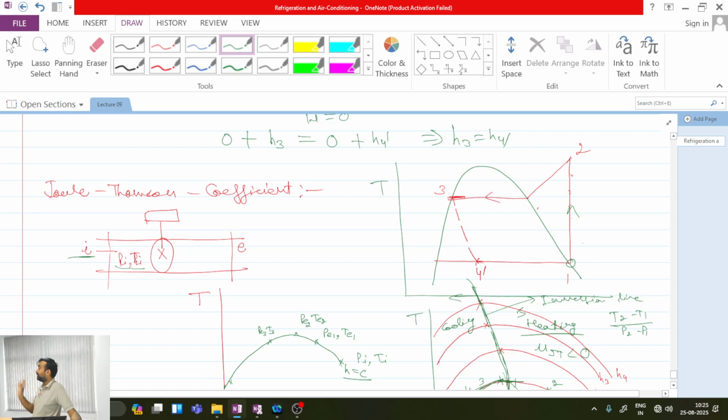It is now the net work supplied to the system, because I do not have any work output. So the COP of the system will simply be equal to H1 minus H4 dash divided by H2 minus H1. Earlier you had a term with a negative sign representing the work done by the system. That term is now gone because we do not have any work produced in this particular cycle.